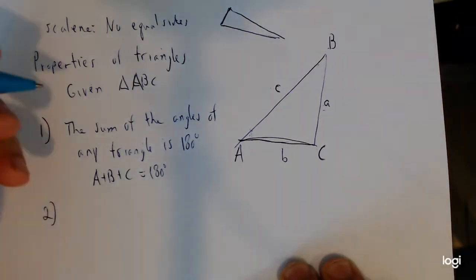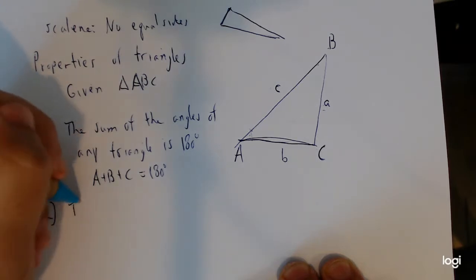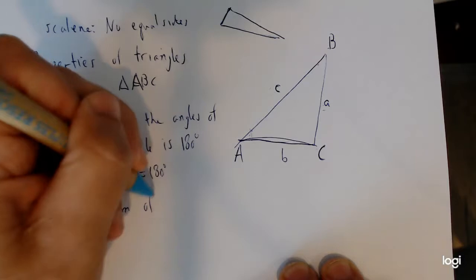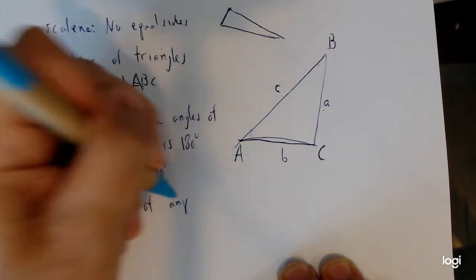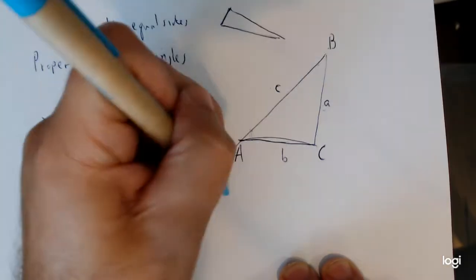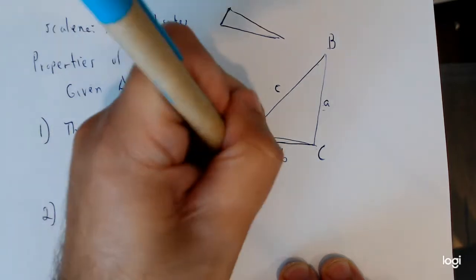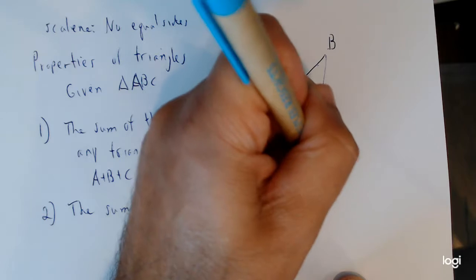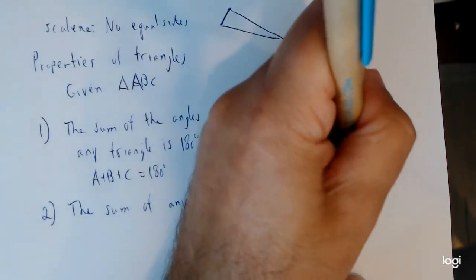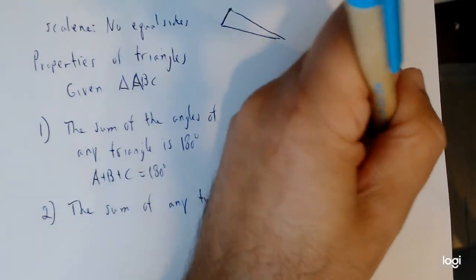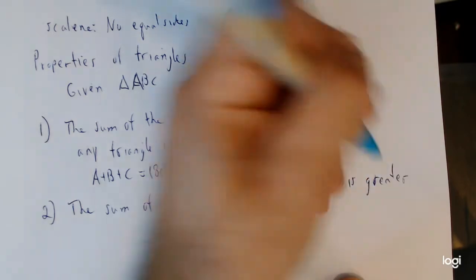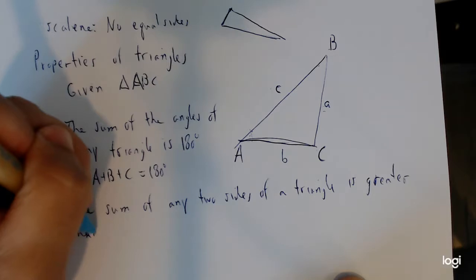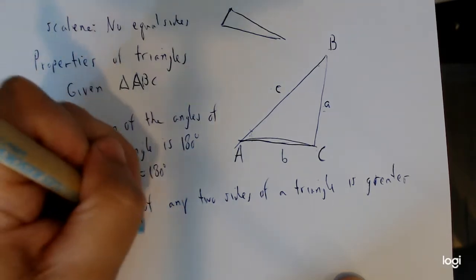And then we have the next property, which says the sum of any two sides of a triangle is greater than the third.